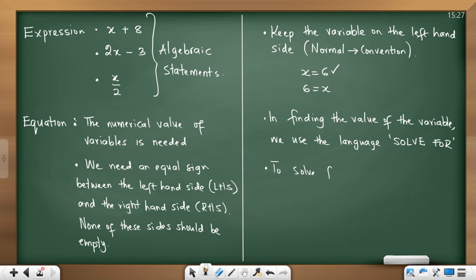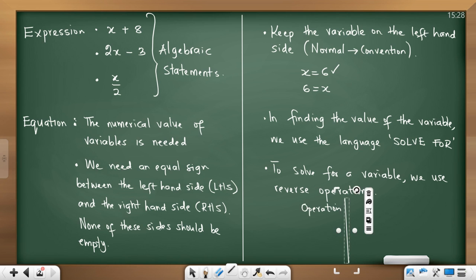Next point. To solve for a variable, we use reverse operations. I'll tell you what it means. So I have an operation and it's reverse.